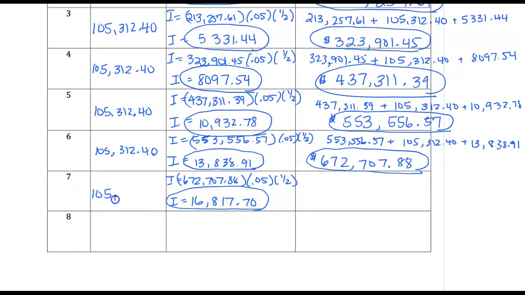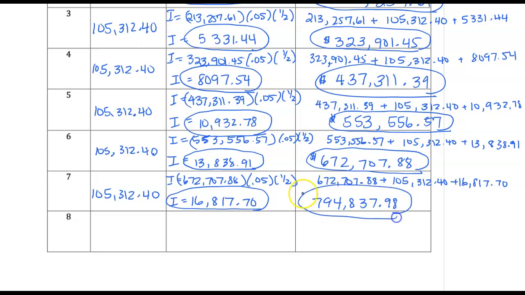Making a new deposit into the account, and then calculating the amount in the account, it used to be $672,707.88, adding in the new payment and the new interest that's accumulating. And there's a total of $794,837.98.